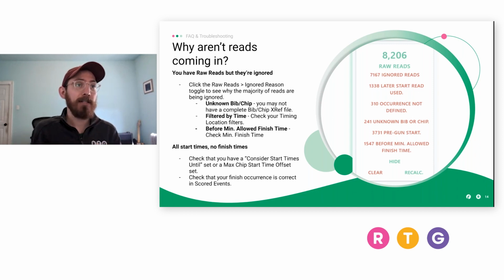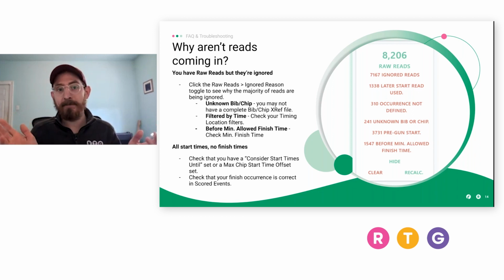Number one, check that you have a consider start times until time set or a max chip start time offset set. What will happen sometimes I see is people forget to set the collect start times until setting in their start location. And then we're just going to keep accepting reads in this location because the latest time read wins for start times.